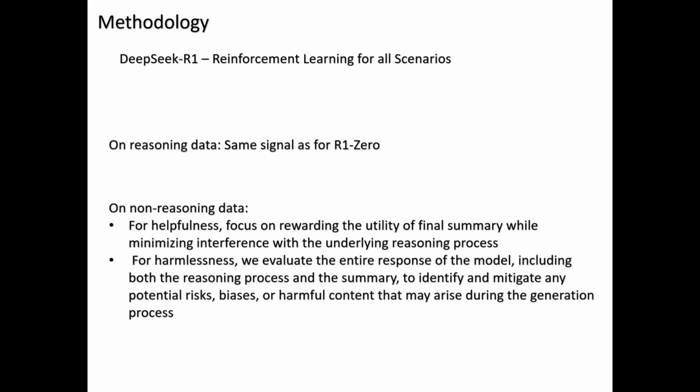This is because the main purpose is to make the final answer helpful. To ensure harmlessness, they evaluate the entire response, including both the reasoning and the summary, to identify and mitigate potential risks, biases, or harmful content.